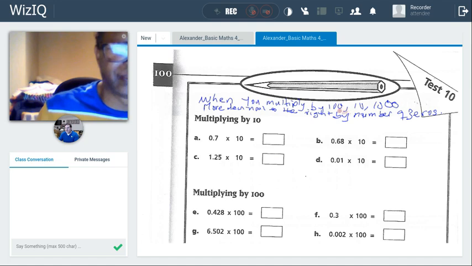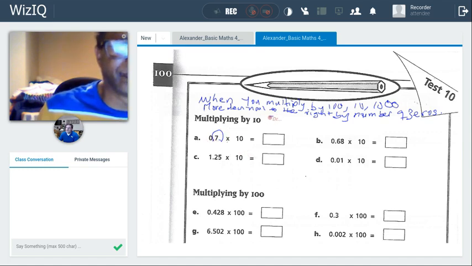So if you look here, the decimal point is here. We're going to move this side, that's to our right. Now, how many zeros do we have in 10? 1. So if we move this to here, you can see the answer is going to be 7. The other way of doing it is ignore the decimal point.